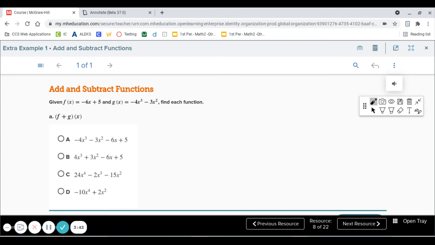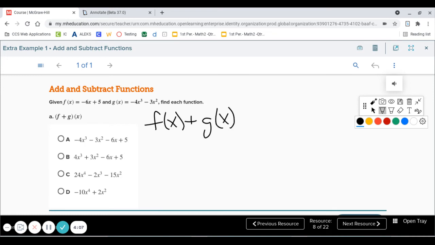So sometimes we see this with f and g in one set of parentheses, and sometimes you would see the f of x first, and it would be added to g of x. Both mean the same thing.